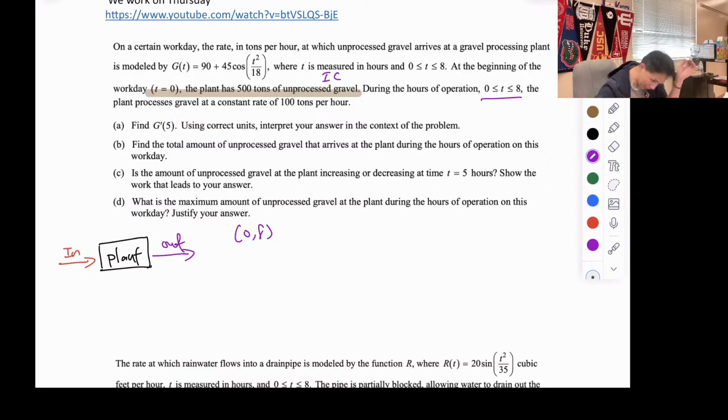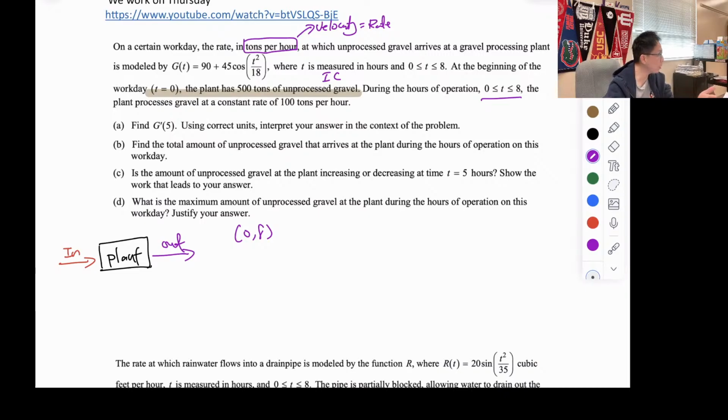Look at the units, like tons per hour. In terms of S, V, A, what kind of unit is this? S is position, V is velocity, and A is acceleration. This is a velocity, right? Velocity is equal to rate of change, right? So that's tons per hour.